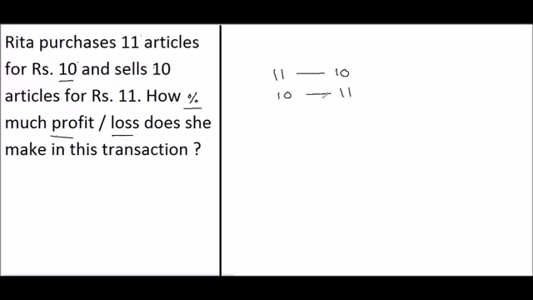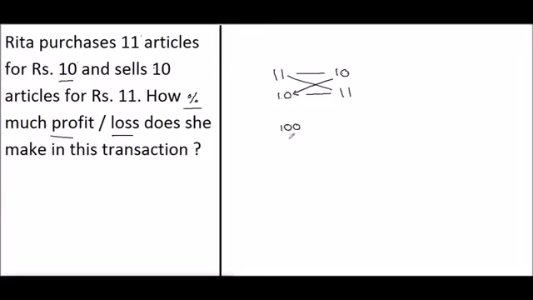Alright. Go by simply the cross multiplication this way and this way. Now this is 10 into 10. Start from here. 10 into 10. That is 100 rupees. Always remember, from here to here to go from that.